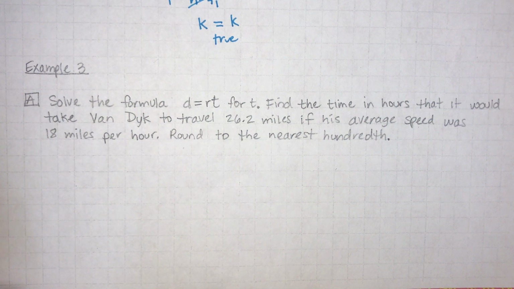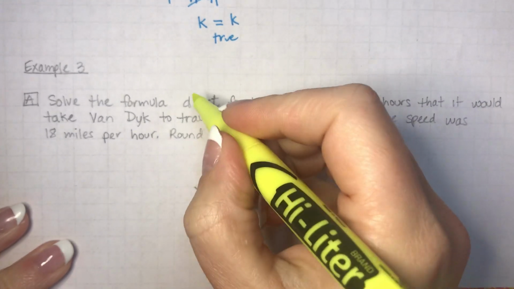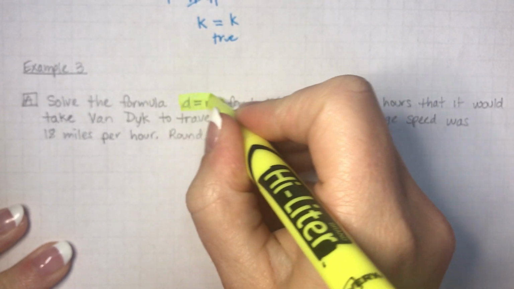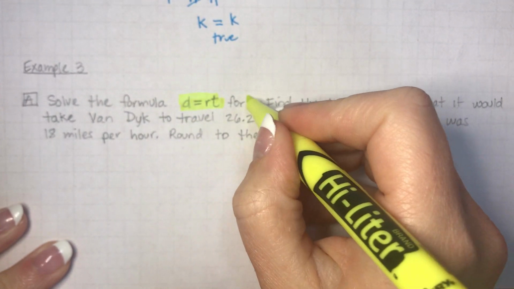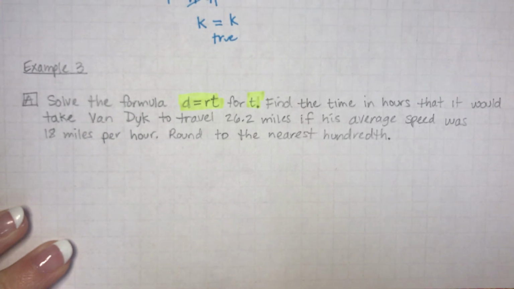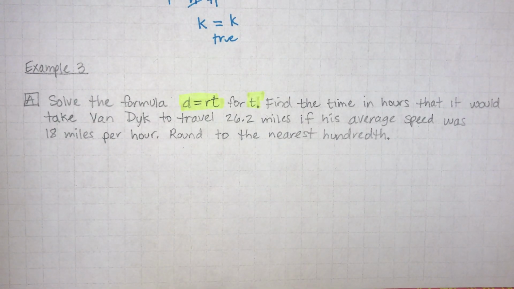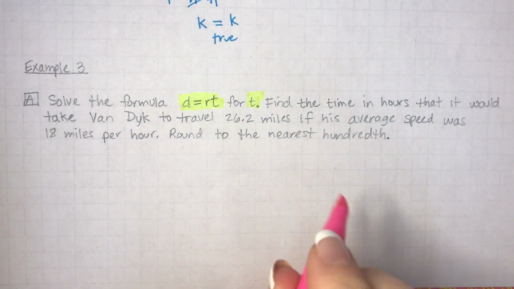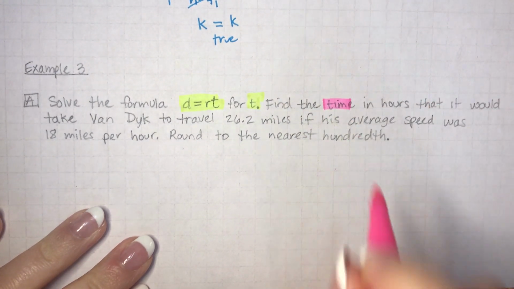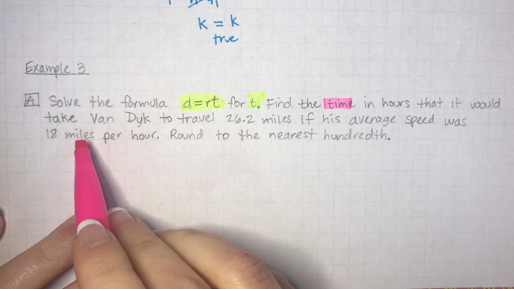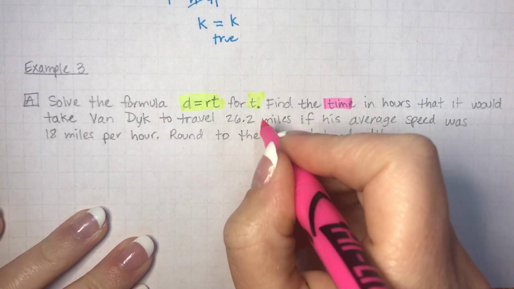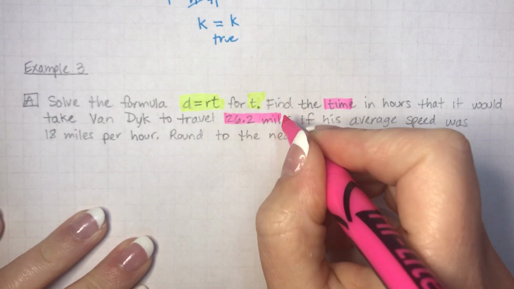So it says solve the formula D equals R times T, distance equals rate times time, for T. That's going to be the first step. And then the second step is to find the time in hours that it would take Van Dyke to travel 26.2 miles.